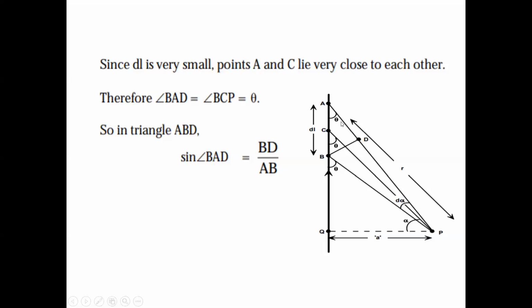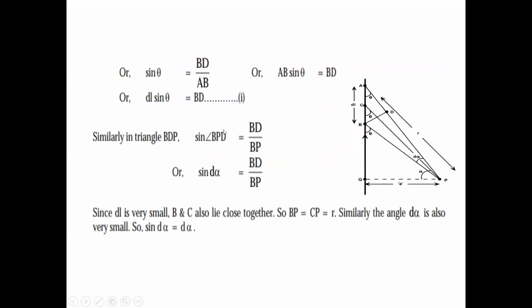So sine BAD, that means the angle at A is taken as theta. So sine theta is equal to opposite side by hypotenuse. It is clear. And next, sine theta is equal to BD by AB. By cross multiplying, AB sine theta is equal to BD.